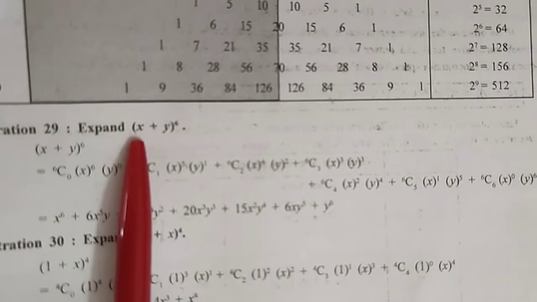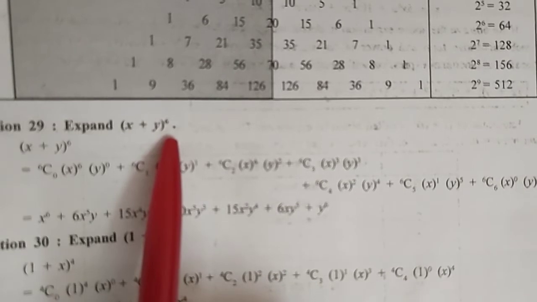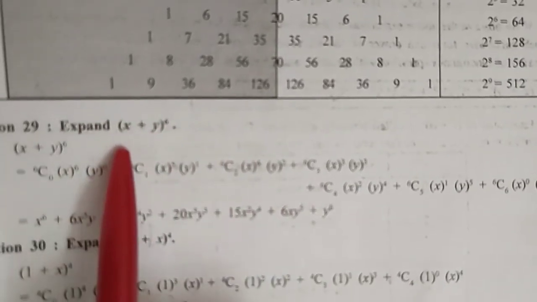Now let us take an example. Expand x plus y raised to 6. So here your n is 6, x is given as x and a is given as y, right? So my first term starting here will be 6C0 x raised to 6, or x raised to n, and y raised to 0. Then from the next term onwards, 6C1, then 6C2, and the power of x will decrease by 1.